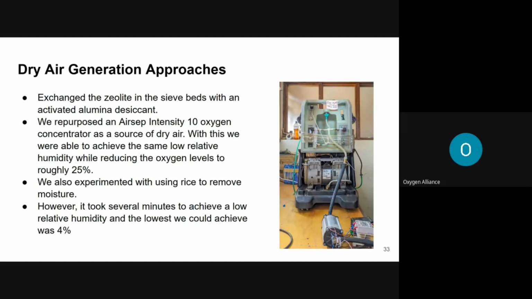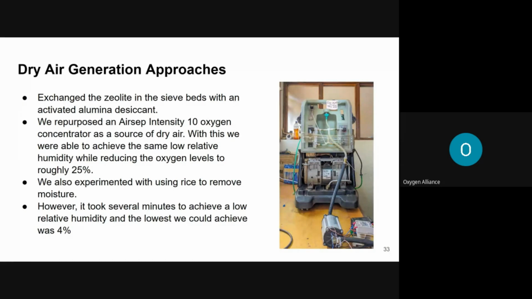So we used an AirSep Intensity 10 oxygen concentrator as a source of dry air. With this, we were able to achieve -1% relative humidity, and this was giving us roughly 25% oxygen. So these were levels that we could easily work with.